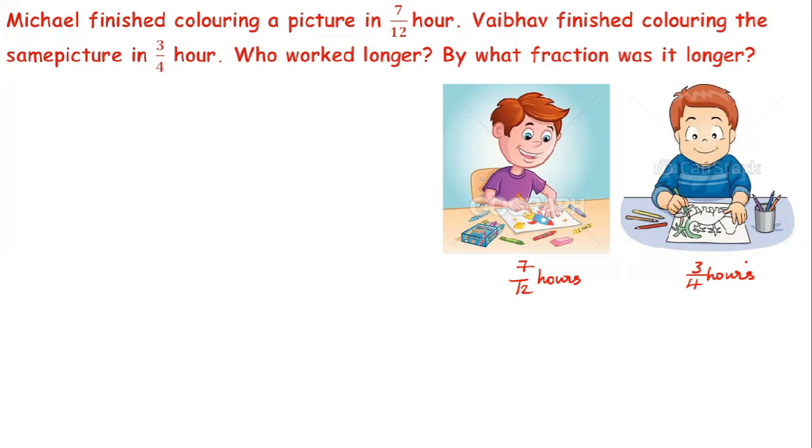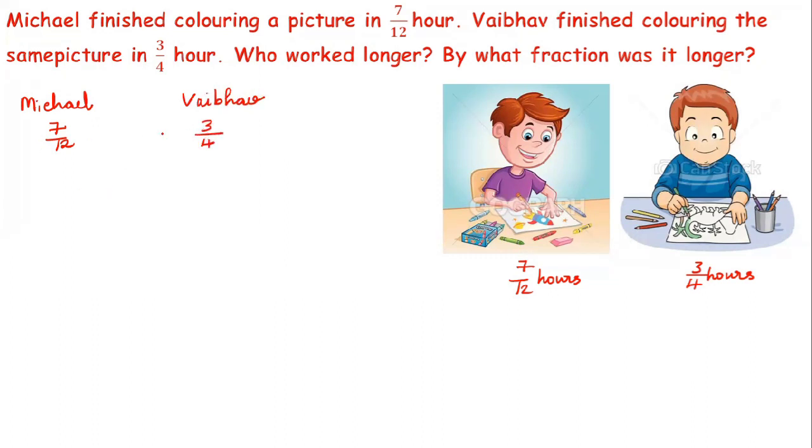By what fraction was it longer? Michael finished coloring a picture in 7 by 12 hours. Vaibhav finished coloring the picture in 3 by 4 hours.